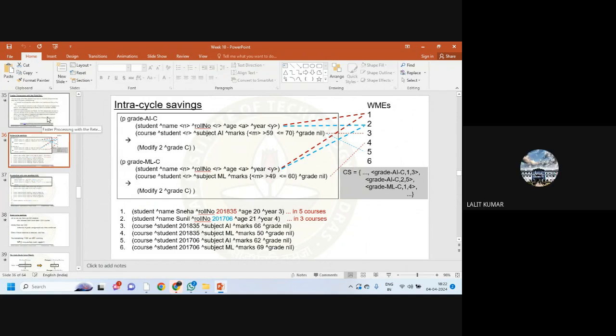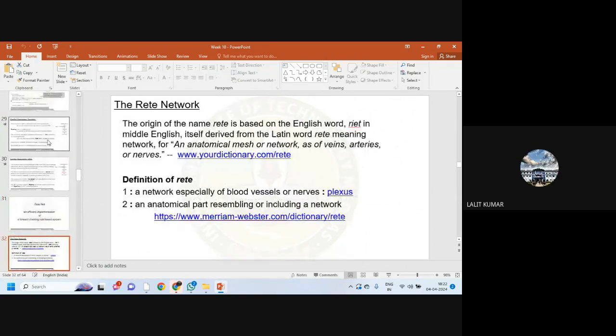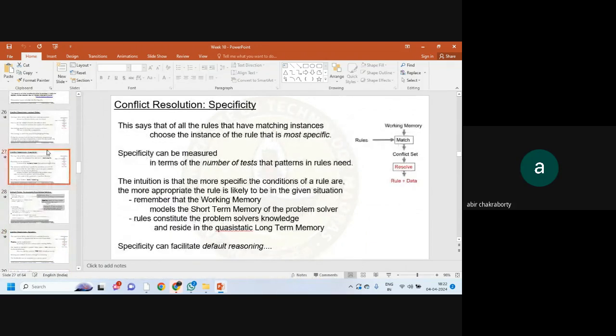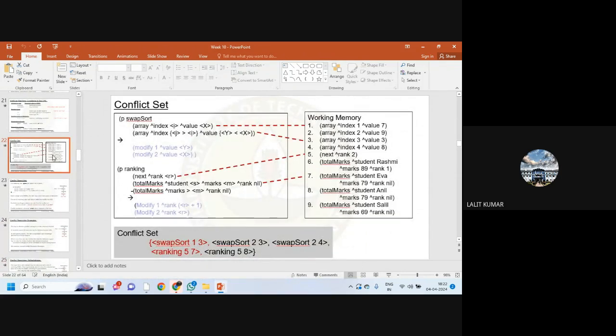Okay, what you can do, you can go to slide number 36. And there is another one also, 22, I guess. Yes, 22 is the one.